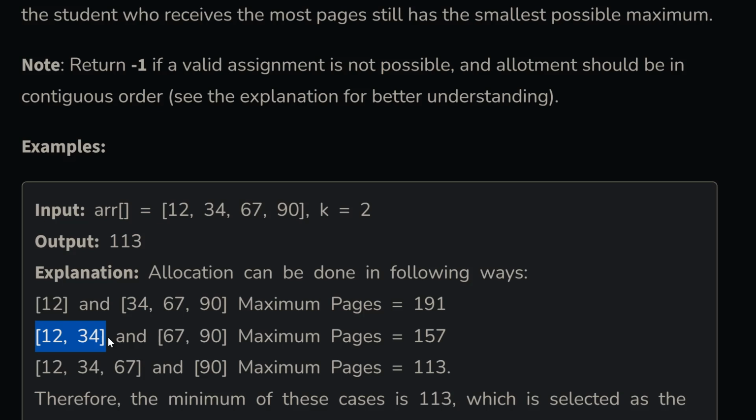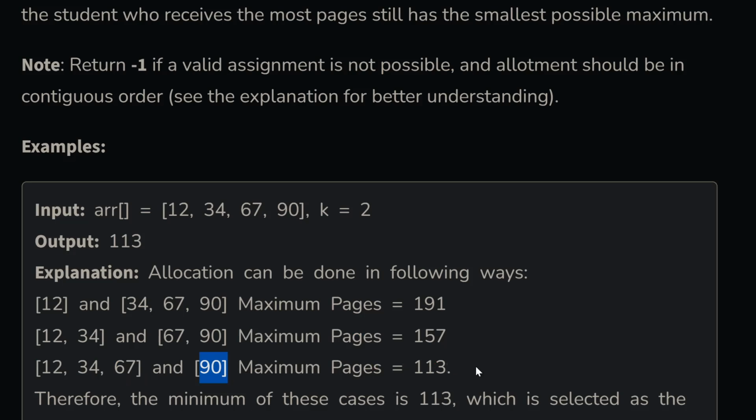The next allocation can be that the first person will read two books, and the second person will read the other two books. In this, we take the summation of this and this, and the maximum of this and this is 157. The third allocation can be that the first person will read three books, and the second person will read only one book.